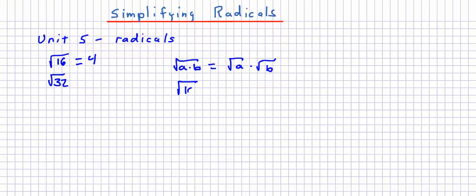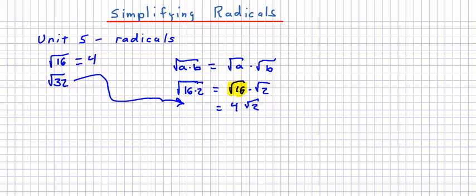So the square root of 16 times 2 would be equal to the square root of 16 times the square root of 2, or 4 square root of 2. So the square root of 32 is nothing more than 4 times the square root of 2. Notice that this square root here is a perfect square.